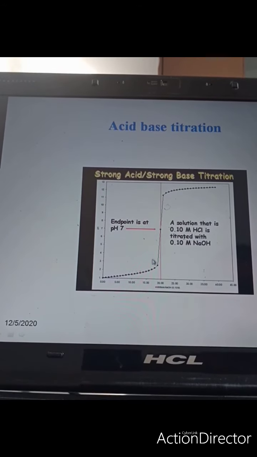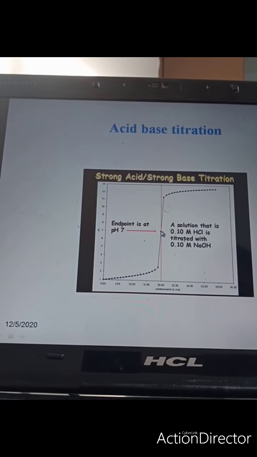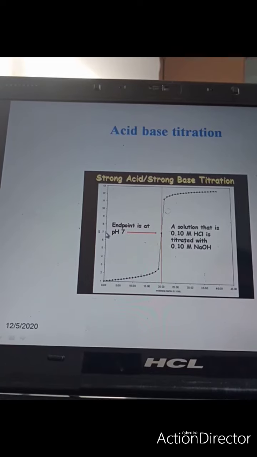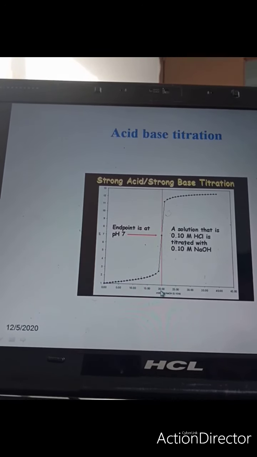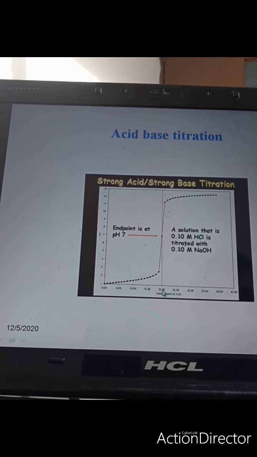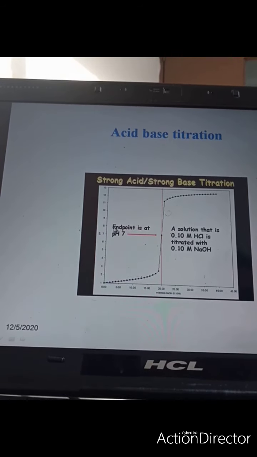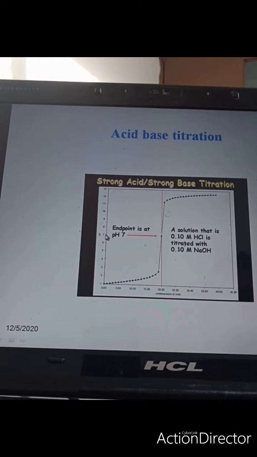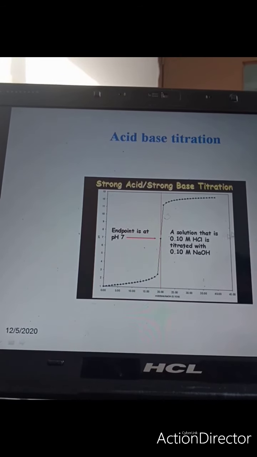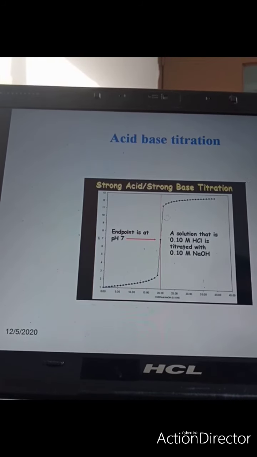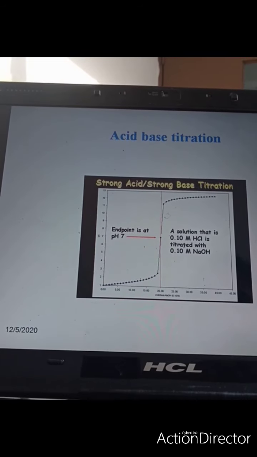You take a straight line there, and the half of that gives you the equivalence point. If you draw a straight line here, that gives you the volume. What the endpoint will be depends on the product formed. For example, here NaOH reacts with HCl giving NaCl and water. The product is neutral, so you will get a pH of 7.